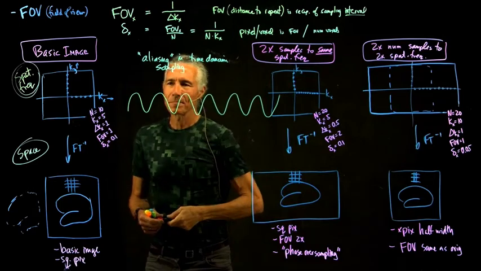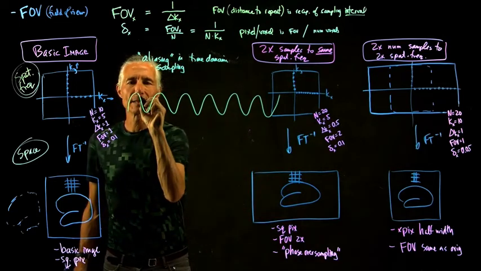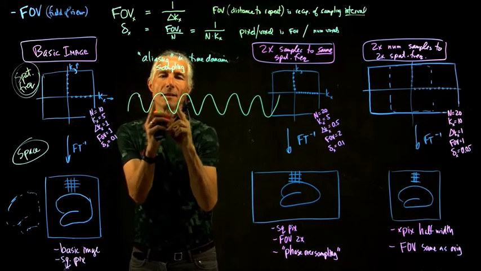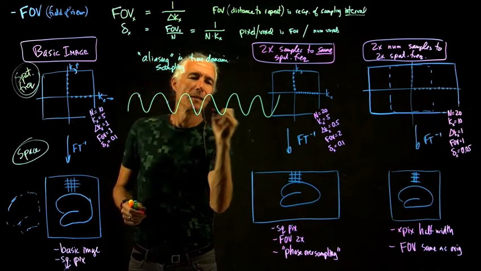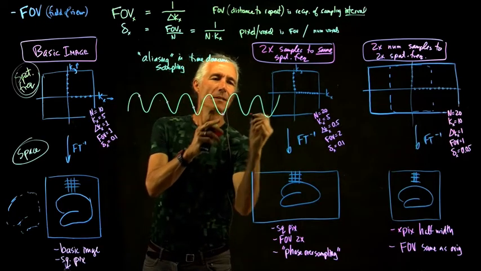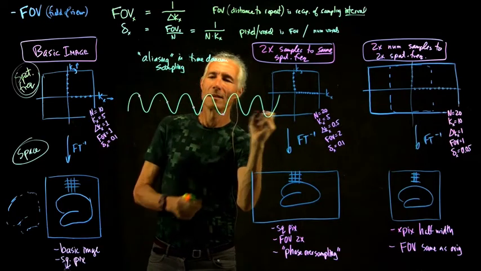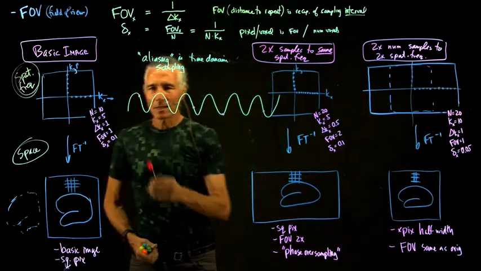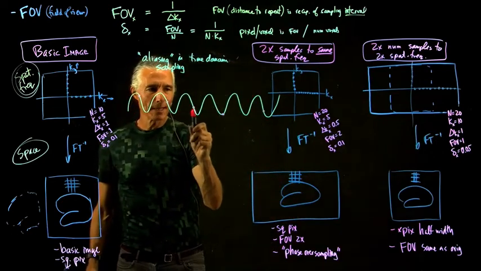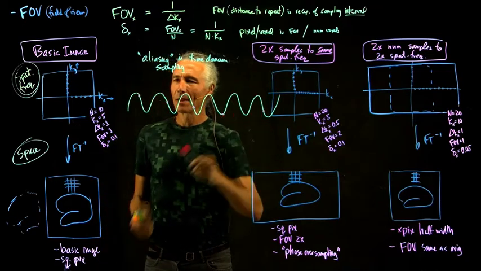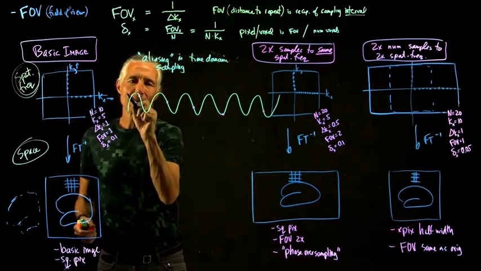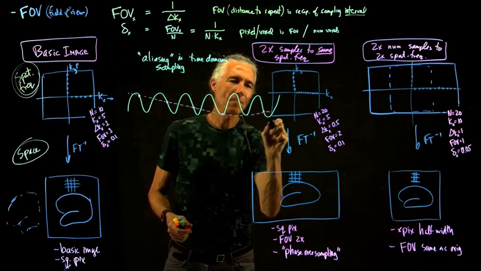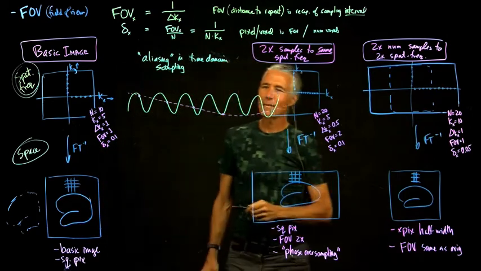Let's say our sampling rate puts a sample here, then the next time we're over here, and the next time over here. All we did was discretely sample the signal at instantaneous points in time. And what does that look like? That doesn't look good. That looks like a really low frequency signal, and that's clearly not right.